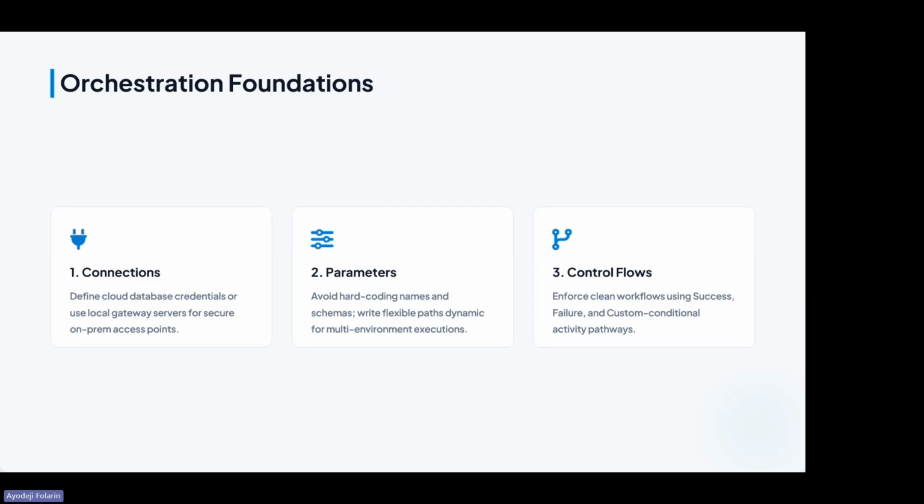The major thing we do here is, one, we connect to the data source, define cloud database credentials, or use a local gateway server for a secure on-prem access point.